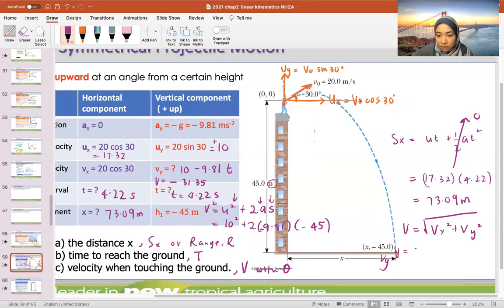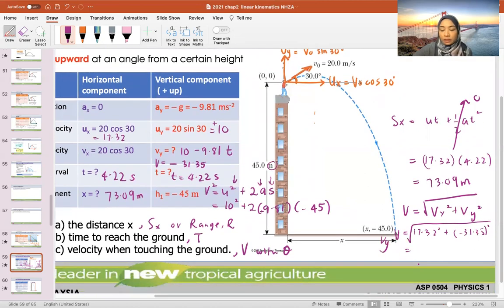So V is 17.32 squared, and then we have the minus 31.35 squared, square root that, then that is your V. Please calculate for a while. And then for your theta, inverse tangent, Vy is minus 31.35 and your Vx is 17.32. What is the theta?